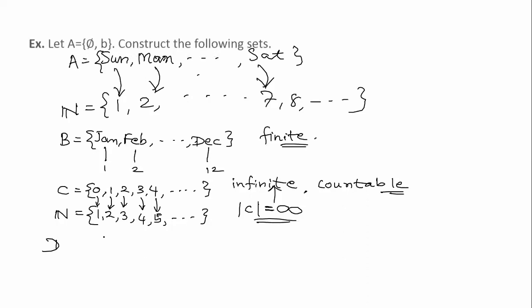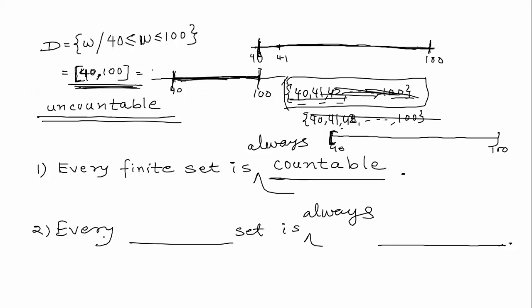So what I was saying here, every finite set is always countable, and can you tell me, every uncountable set is always what? Continuous. Infinite.